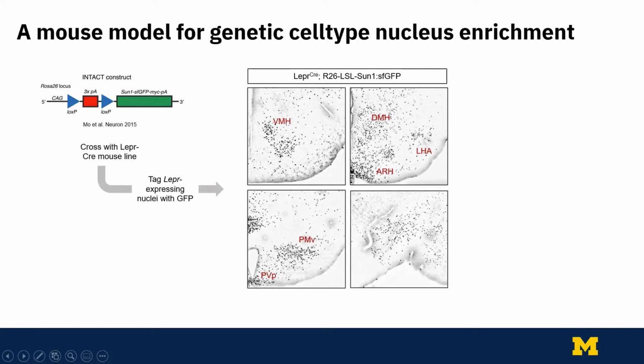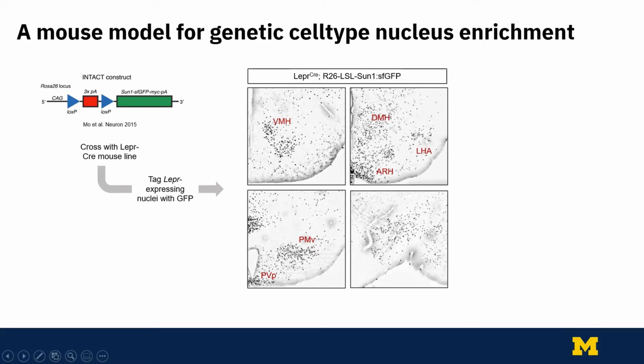And you can see that's exactly what happens here. I'm showing you a few different sections throughout the hypothalamus. You can see that areas of the brain that we know express the leptin receptor have robust expression of this nuclear GFP. And if you were to zoom in, you can see these tiny little donut-shaped holes, labeling the nuclear envelopes.